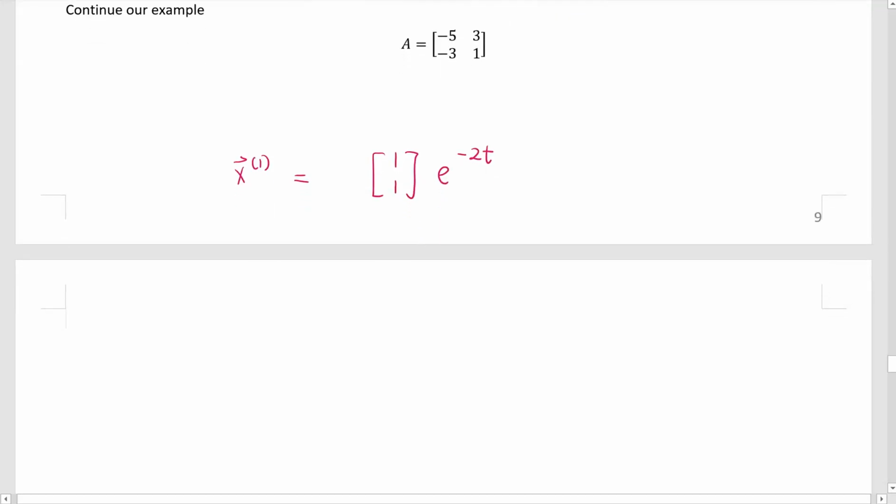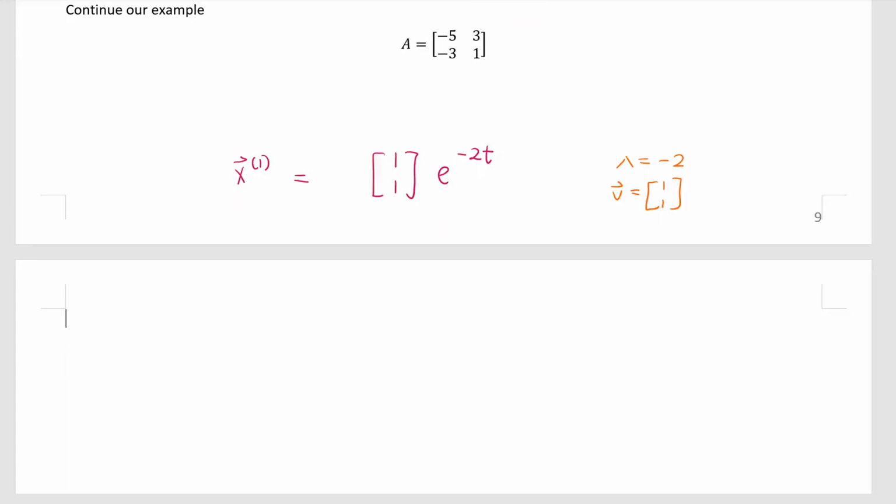So we get the eigenvalue lambda is -2, and the eigenvector v is (1, 1).